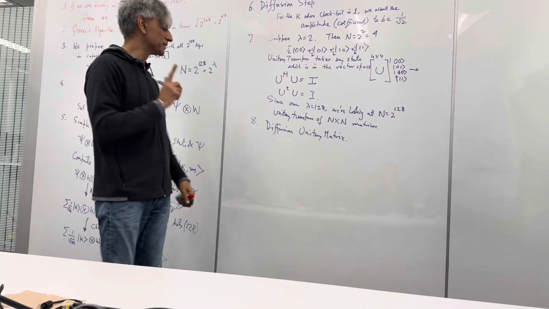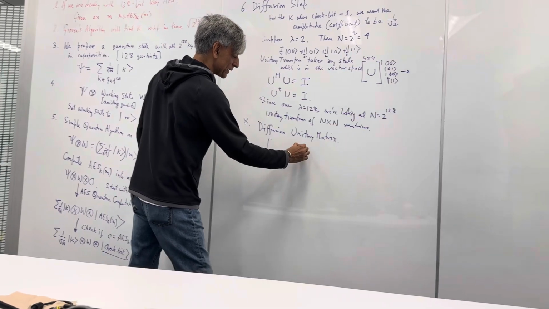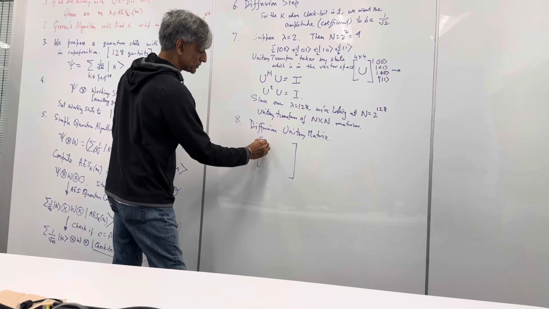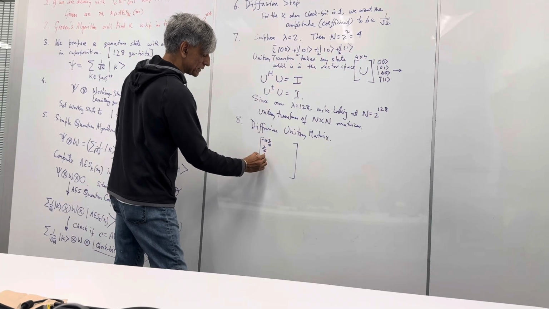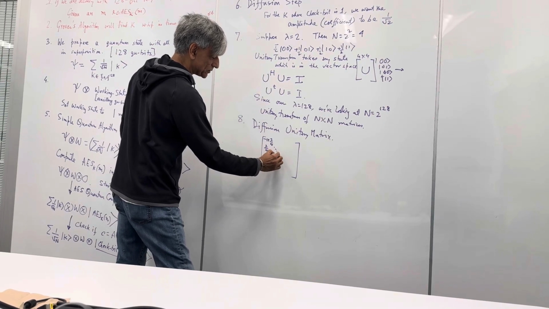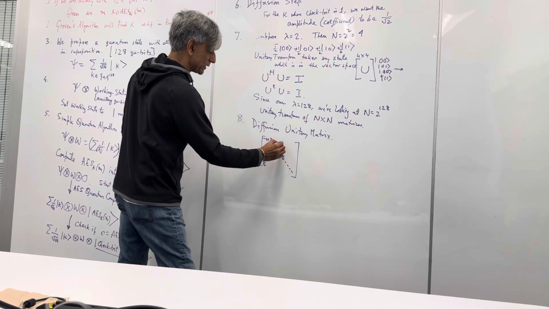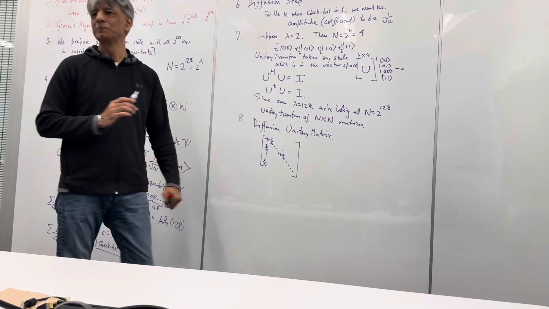What the single transform does is the following. Along the diagonal it is all minus 1 plus 2 by n, and all the other entries are just 2 by n.